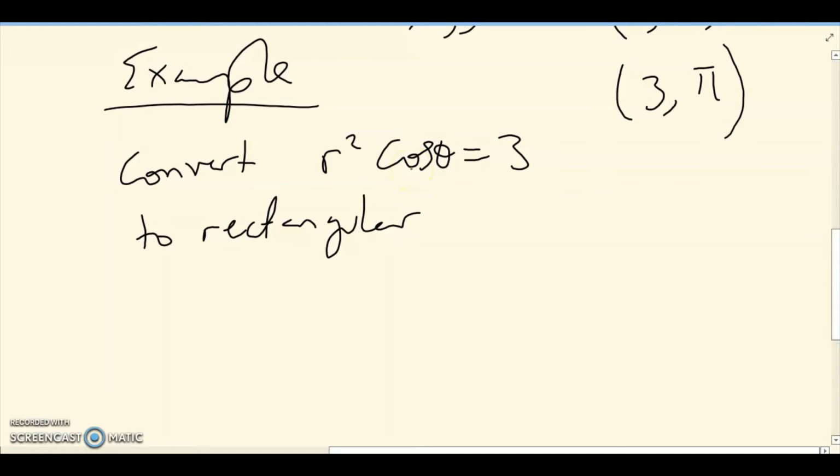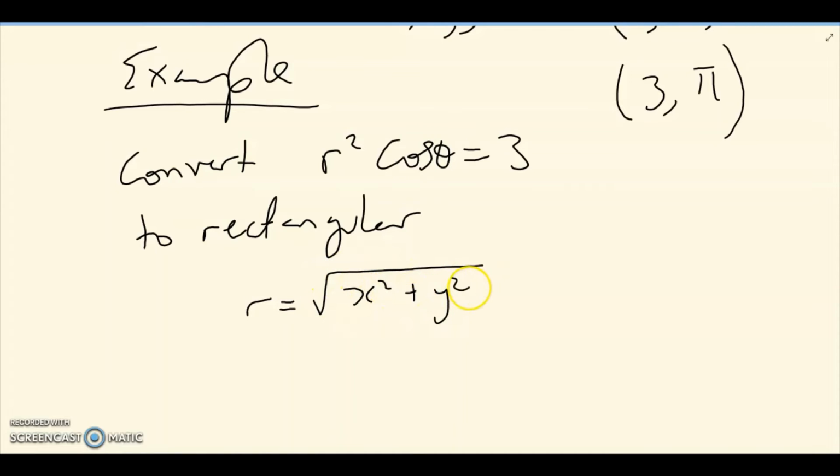What we know about r is that r equals root of x squared plus y squared. And making cos theta the subject, since x equals r cos theta, we have cos theta equals x over r.